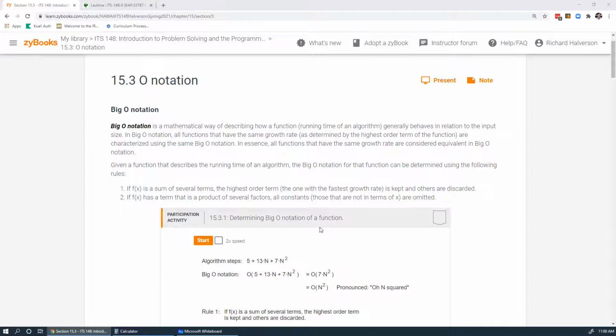ICS 311 is beyond this course, but this course is a lot like ICS 211, though not as rigorous. If you take ITS 228, we'll get into the rigor of 211 and a little bit of the 311 stuff. But 311 is all about O notation, and you learn all the different kinds of algorithms and data structures that computer scientists use to solve all the problems.